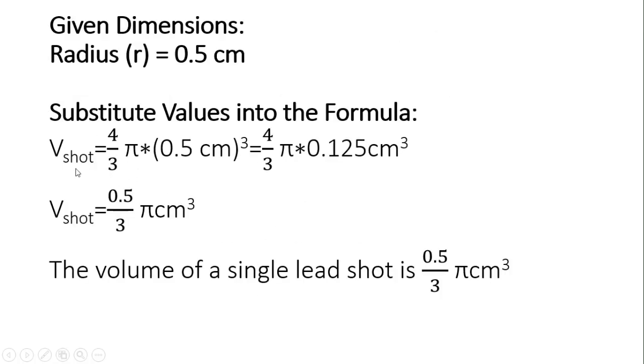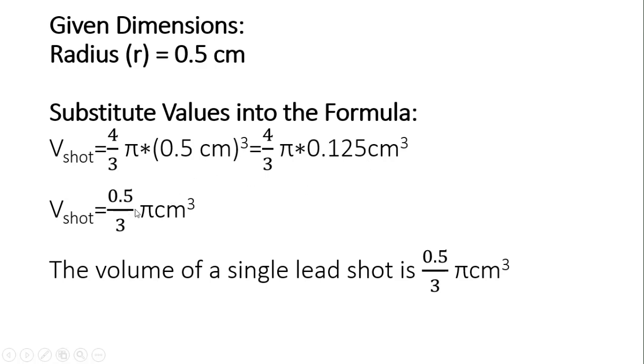So the volume of the lead shot is 4 by 3 into pi into 0.5 cubed, which is 0.125 cubic centimeters.